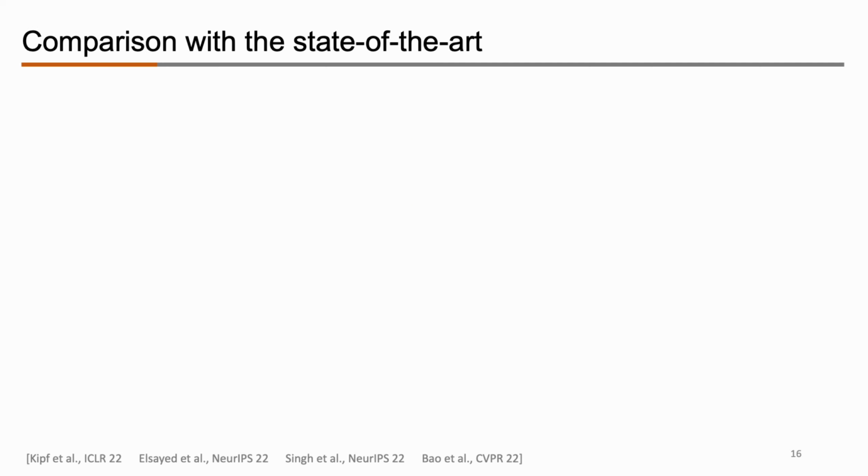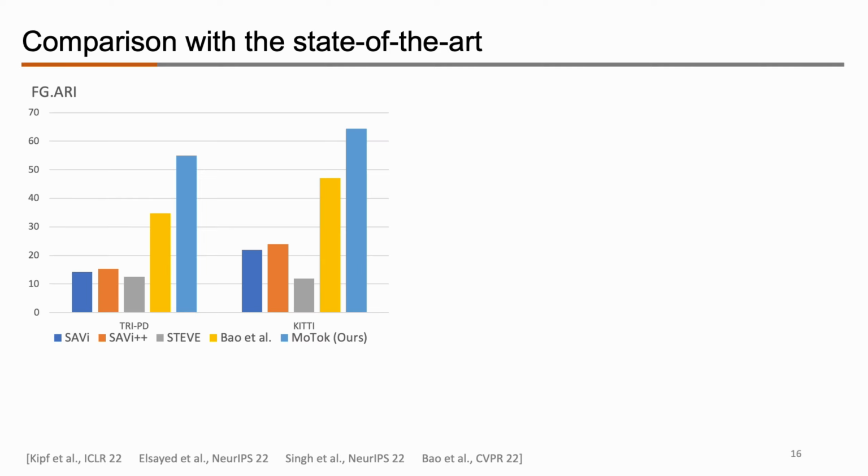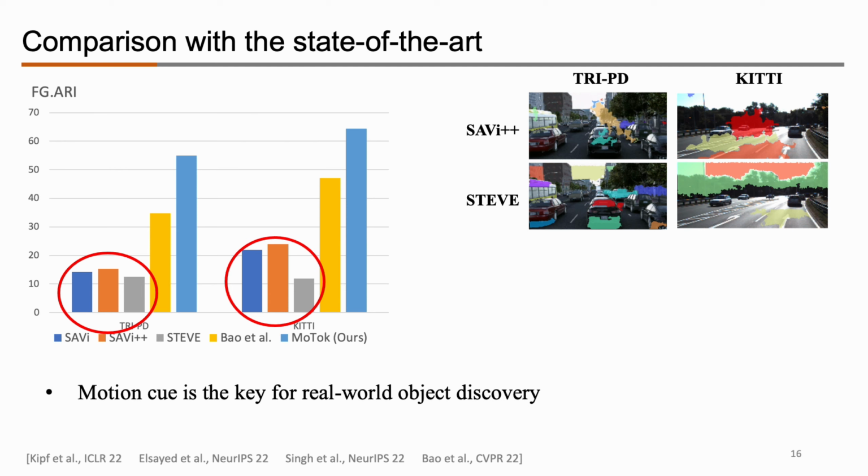Finally, we compare with state-of-the-art methods both qualitatively and quantitatively, using foreground adjusted random index. First, we find that without motion cue, even the state-of-the-art learning-based method failed in realistic regimes, indicating that the object and background ambiguity cannot be resolved in the real world based on appearance alone.